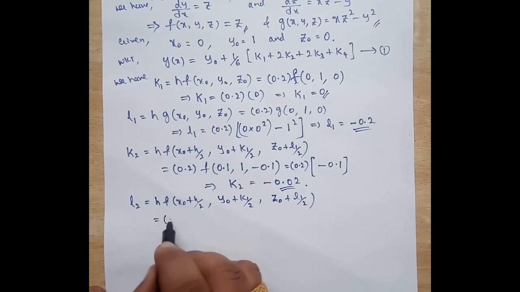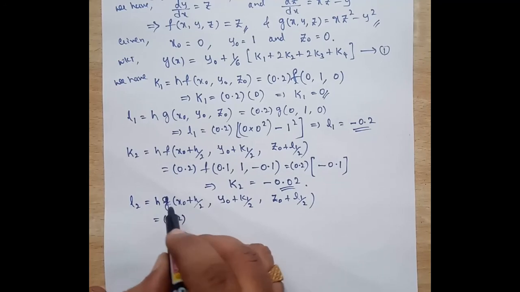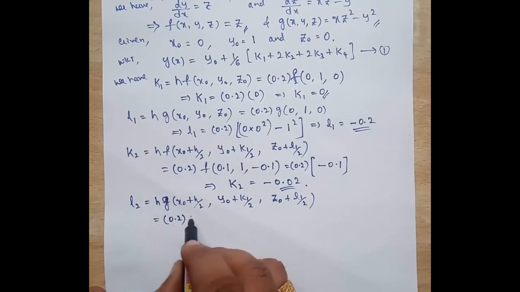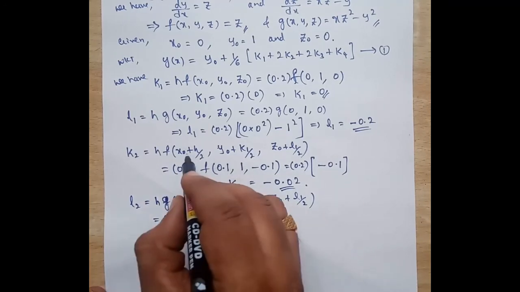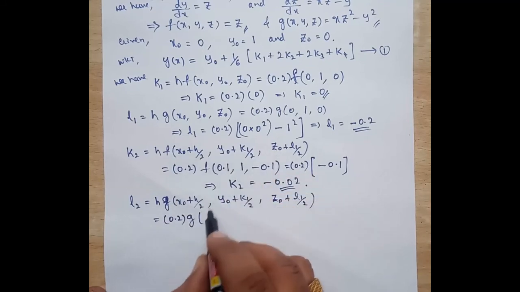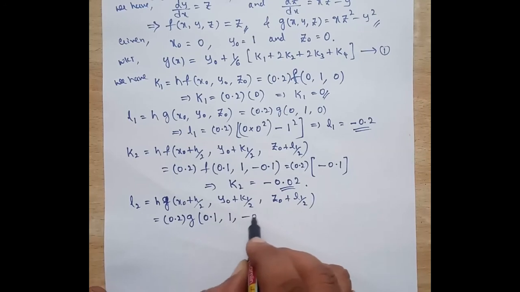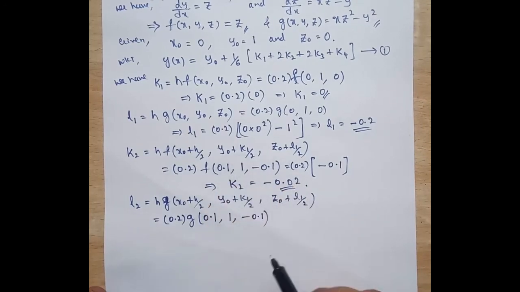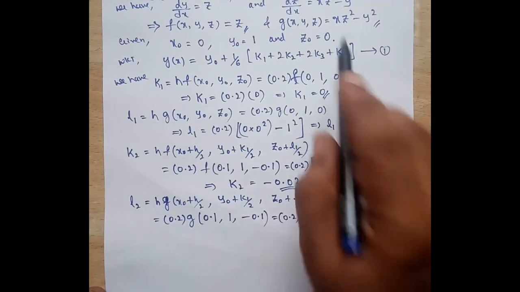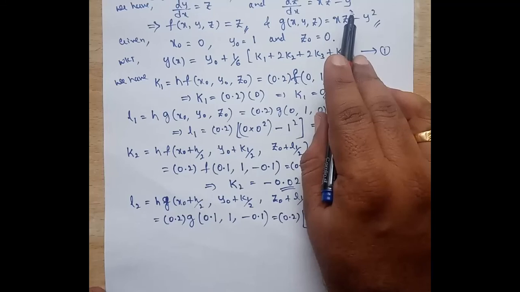Now this is equal to 0.2 into g of, this calculation we already did here, so I'll take the same values. So it is g of 0.1, comma 1, comma minus 0.1. Now substitute this. This is 0.2 into g, and you know g is xz square minus y square.